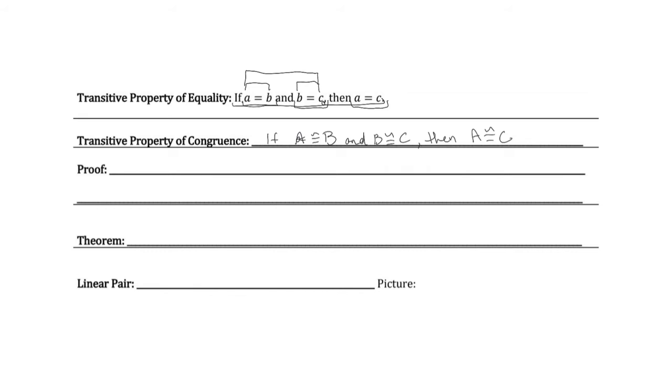All right, now we have the definition of a proof. Like I said, the last problem we went over was essentially a two-column proof. So a proof is a convincing argument that uses deductive reasoning most of the time.